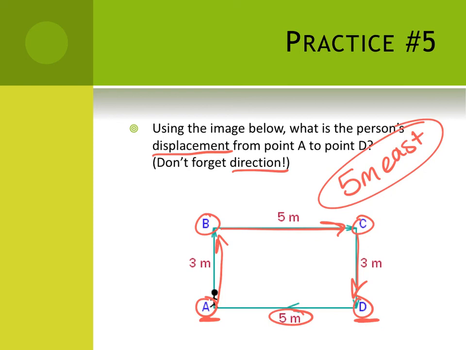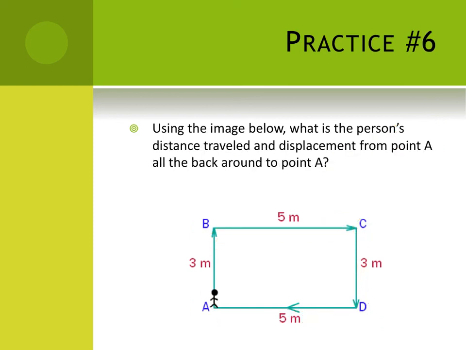One more problem here, and it's kind of a twofer. So using the image below, what is the person's distance traveled and displacement from point A all the way back around to point A? Okay, so we're going to start here.